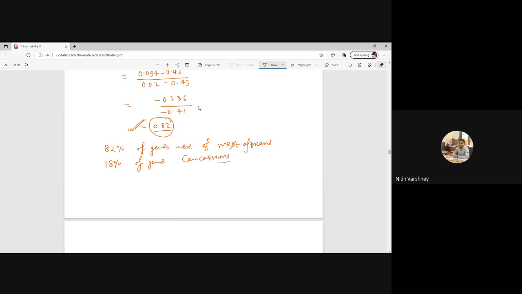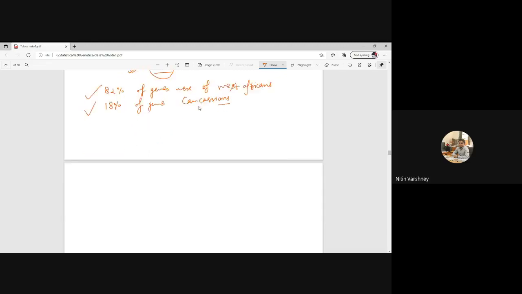Okay, so we have checked which proportion of genes the population has: 82% of West Africans and 18% Caucasians. Now it is given that n is equal to 10, that is 10 generations. After 10 generations, what will be the rate of migration?